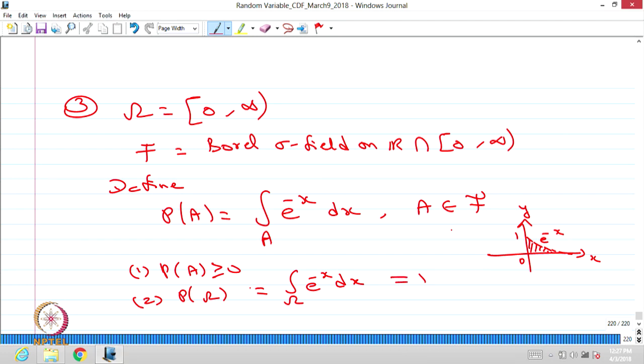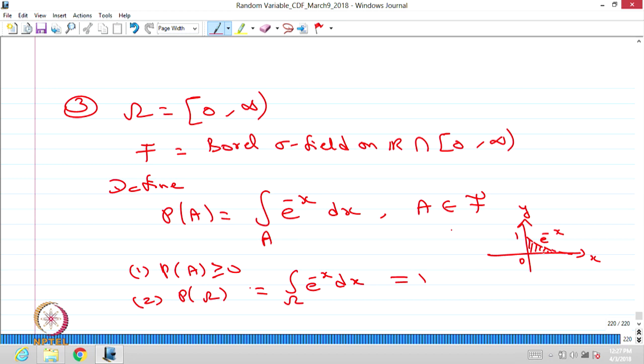The third condition, if you take mutually disjoint events in F, that is nothing but non-overlapping intervals, and find the area in those intervals separately and sum it up, both are going to be the same. Whether you go for the union of non-overlapping intervals and find the P, or find it individually and sum it up, both are going to be the same for any mutually disjoint events, that is nothing but the intervals.